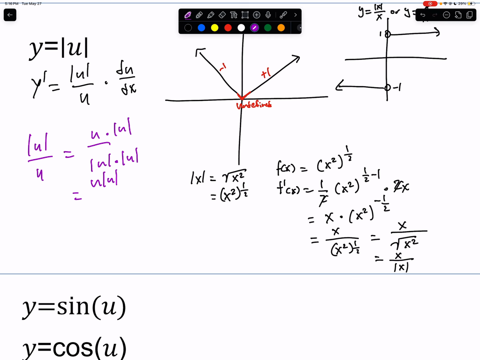Remember, absolute value always yields a positive output, so a positive times a positive is another positive. We could rewrite it as the absolute value of u squared, but anything squared is positive, so this is the same as u squared. This will cancel out, the denominator becomes a 1, and we get the absolute value of u over u, which is the same as this.